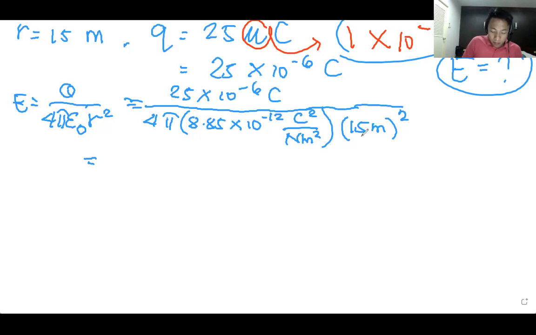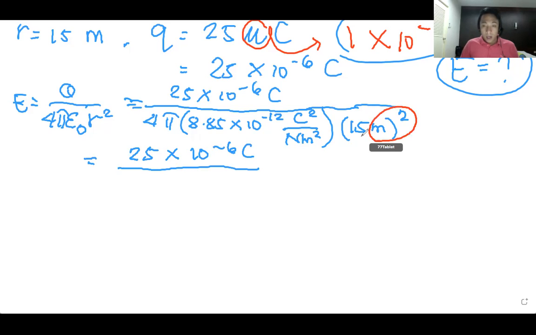Let us solve for the lower part. I will just copy the upper part. For the lower part, since this part has m squared, the m squared and m squared will cancel. But of course, this one needs to be squared.